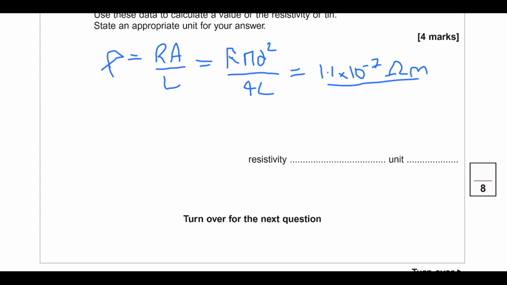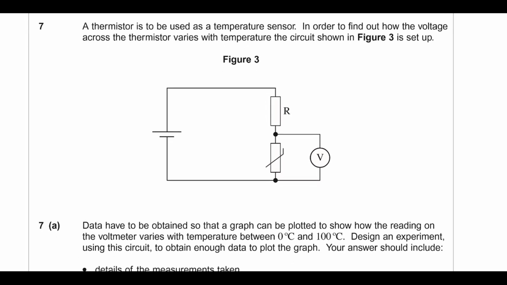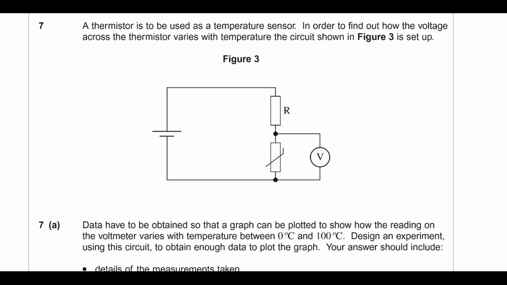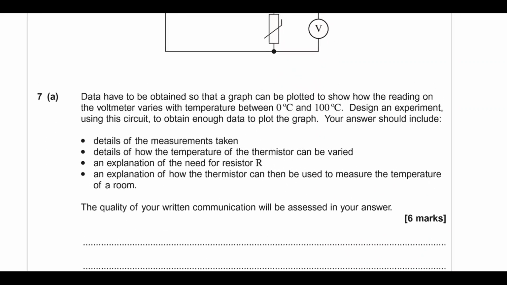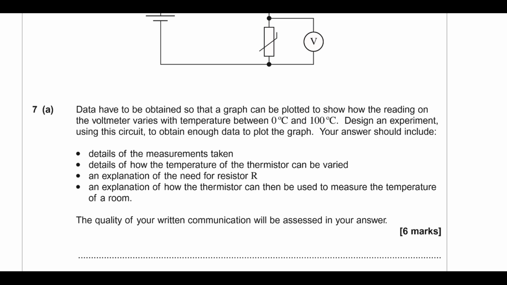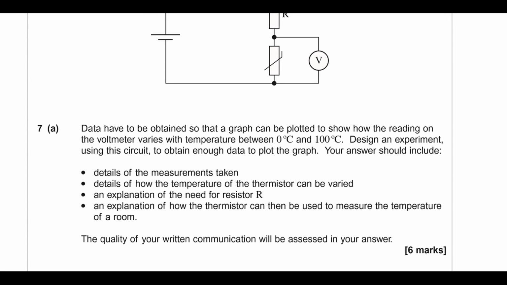Let's go on to the final question. So in this question, I'm guessing we're going to have a longer answer question because we haven't had one yet. So we've got a potential divider circuit with a thermistor to determine temperature. Data has to be obtained so that a graph can be plotted to show how the reading on the voltmeter varies as temperature changes between 0 and 100 degrees.